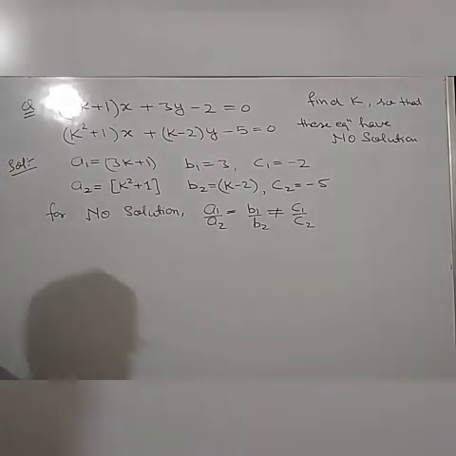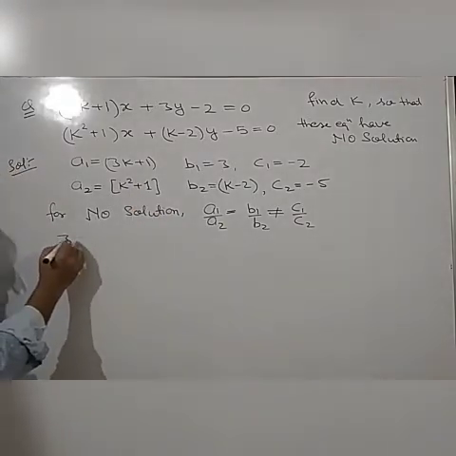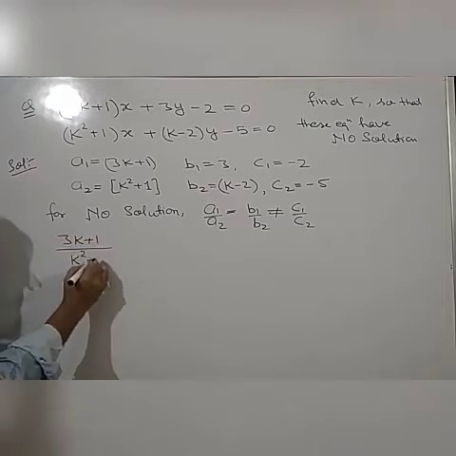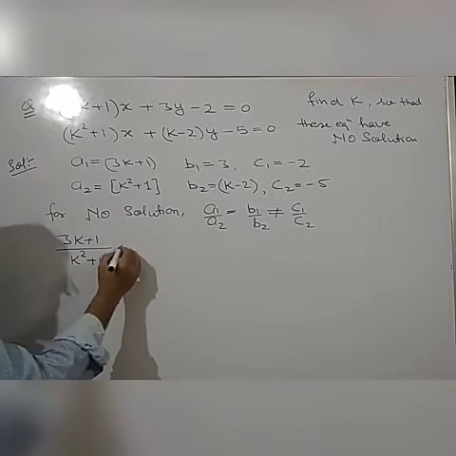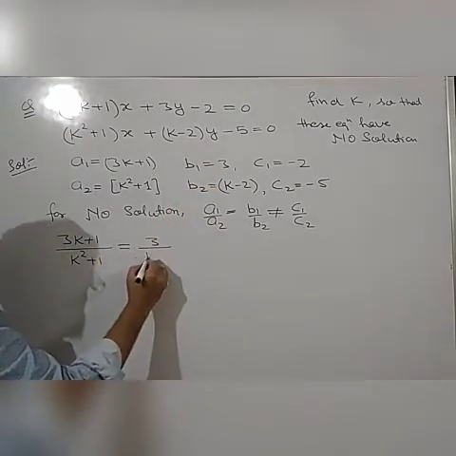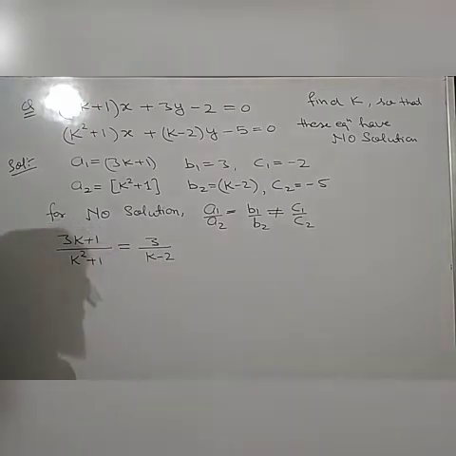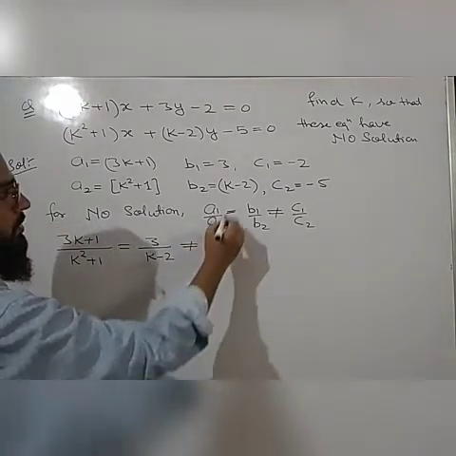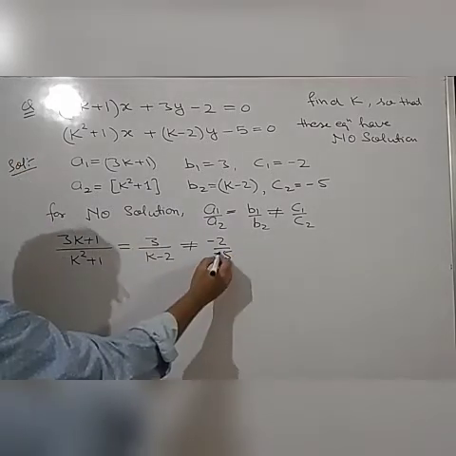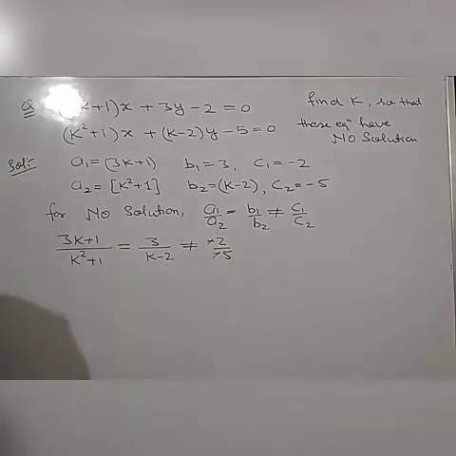So putting these values, what we will get? (3k plus 1) upon (k square plus 1) is equal to b1 upon b2, so it will be 3 upon (k minus 2). It should not be equal to minus 2 upon minus 5. So this minus sign will be cancelled out.